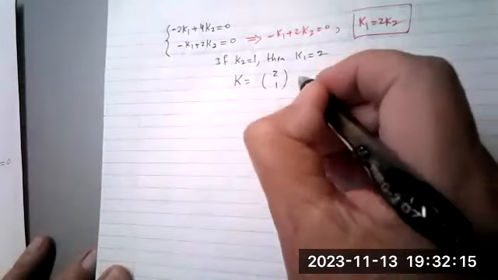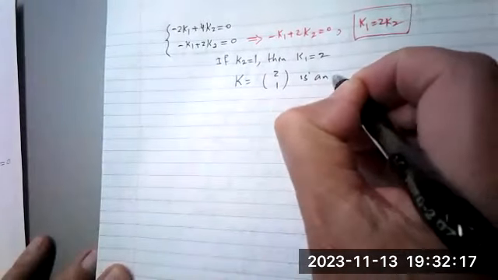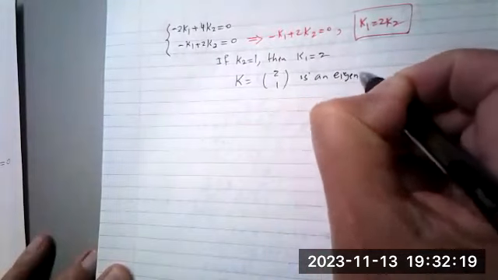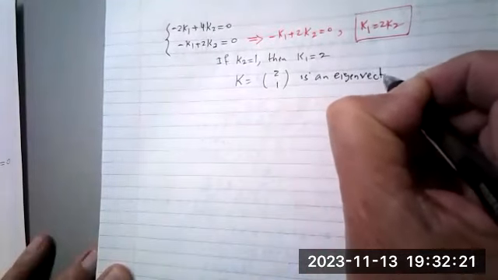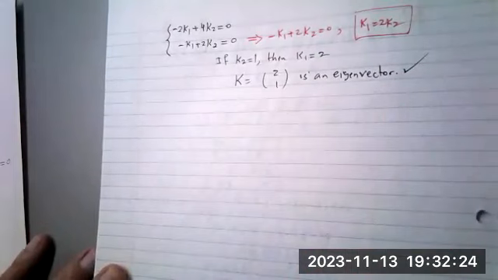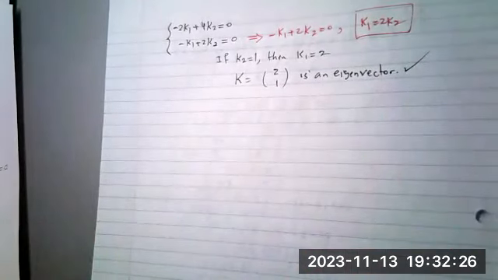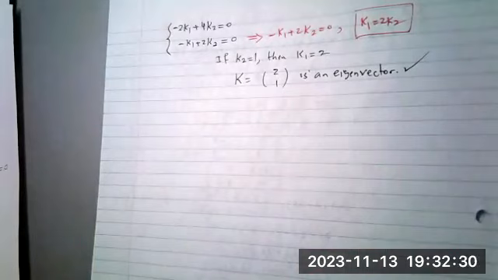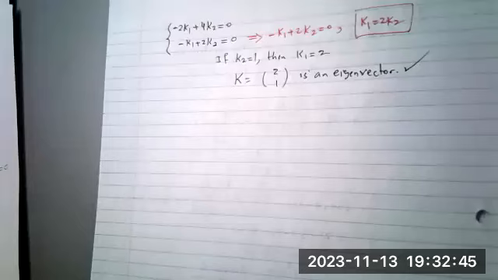This is an eigenvector corresponding to lambda equal to 5. If you would like to have all of them, you can pick K2 equal to T and K1 is 2T. In linear algebra, we consider the linear space spanned by this, but we are not interested in that. Yes, the solutions are going to be column vectors.